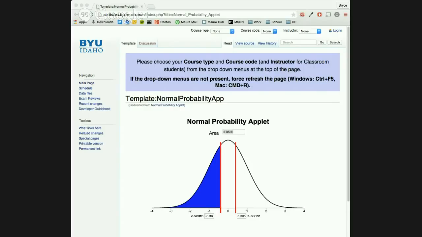Uh-huh. And then we add the mean. Sweet. All right, that makes a lot more sense. Yeah, it does. I was confusing myself.